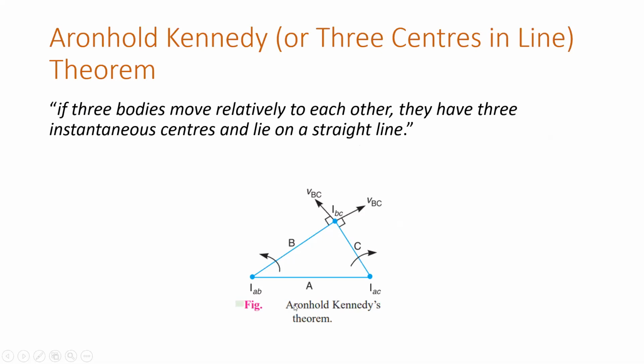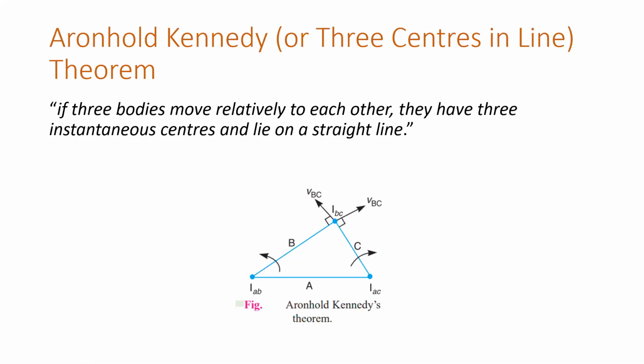Suppose link A is one body, B is there, and C is there. Suppose they have relative motion between each other. Everyone is moving with respect to every other link, right? Which generally happens in the case of a mechanism, that every link moves with respect to every other link. That's why it is qualified to be a separate link.